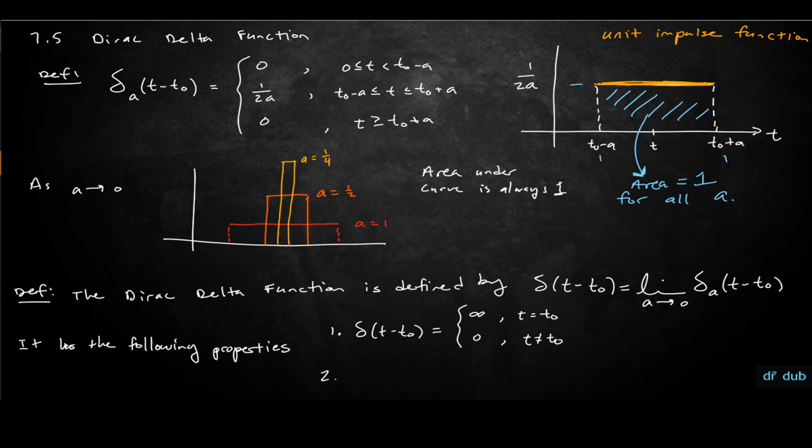And number two, the integral from 0 to infinity of delta of t minus t0 dt is equal to 1. So the integral of the Dirac delta function is 1, even though you could think of it as having an infinite function value at t0. It's 0 everywhere else.